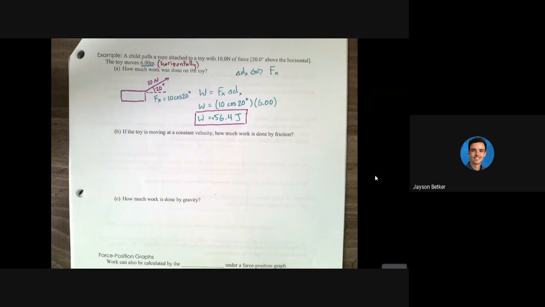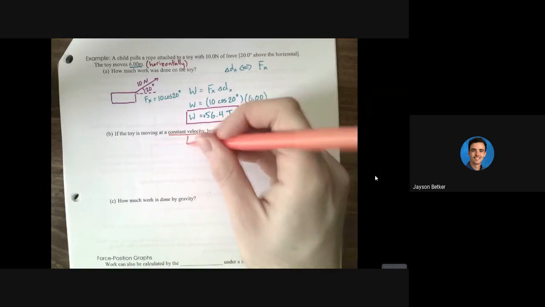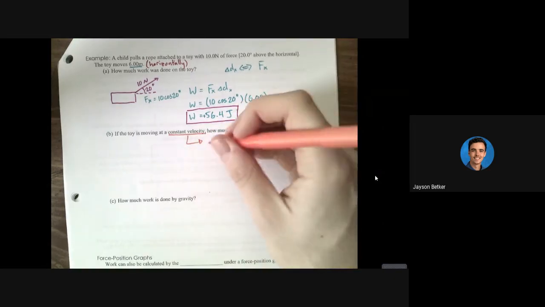Now, if the toy is moving at a constant velocity, how much work is done by friction? All right. So if the toy is moving at a constant velocity, let's take a closer look at that. What does constant velocity mean? Constant velocity means that there's no acceleration.